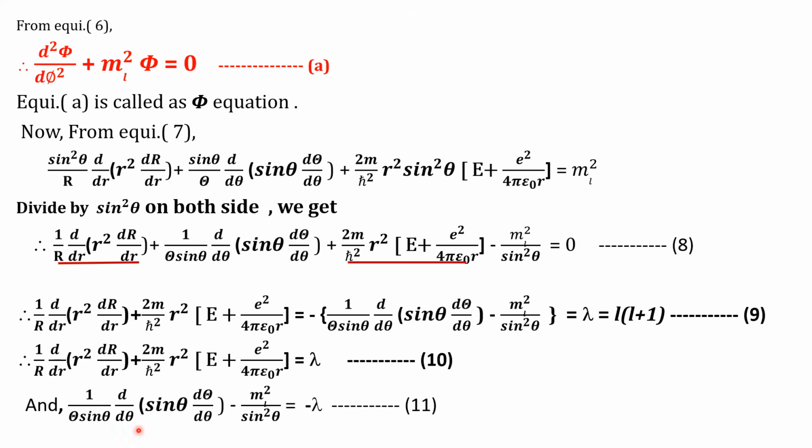Similarly, equation 11: the minus sign we take to the other side, so it becomes 1/(Θ sinθ) d/dθ(sinθ dΘ/dθ) − m_l²/sin²θ = −lambda. We solve these two equations separately in the next lecture. Before that, we write out equations 10 and 11.